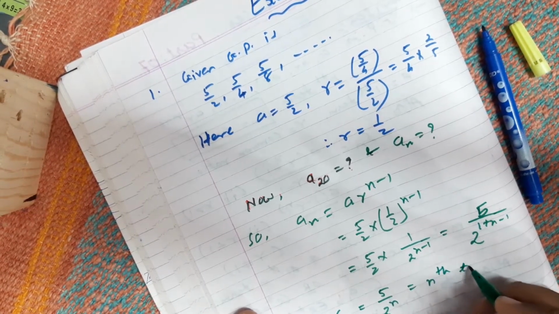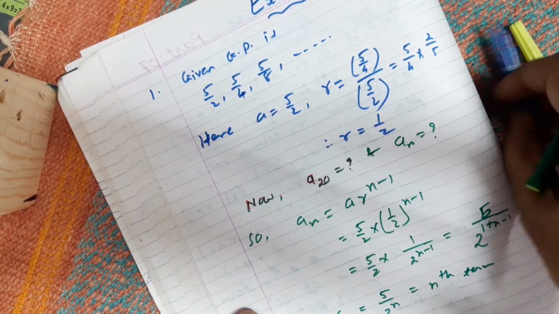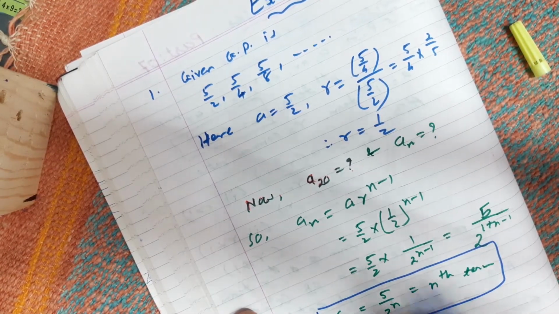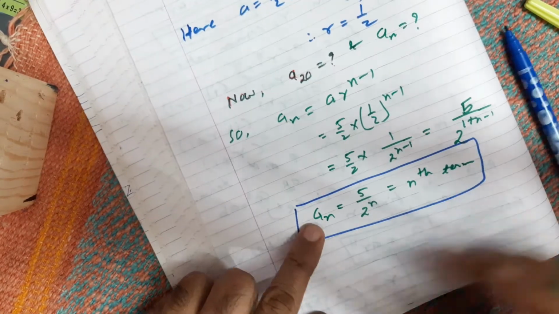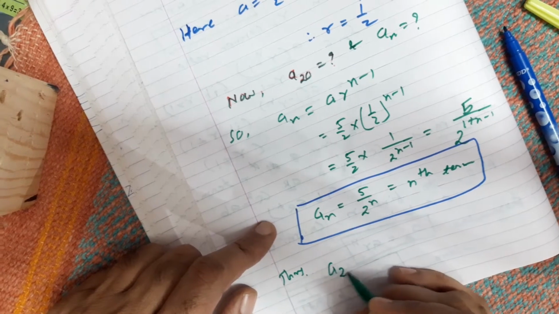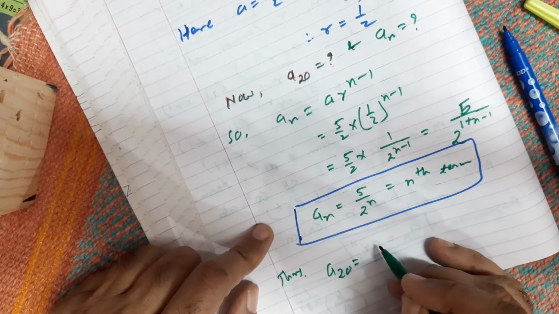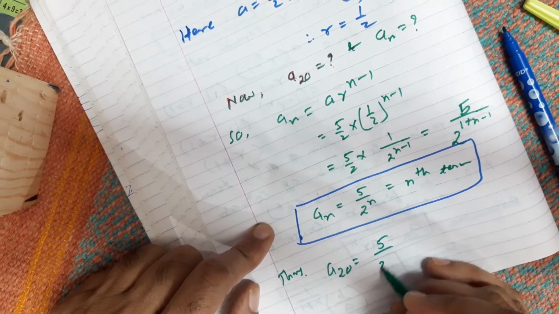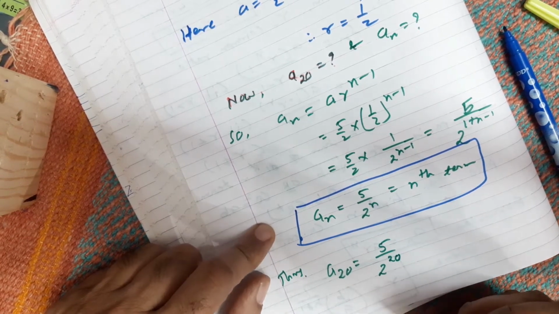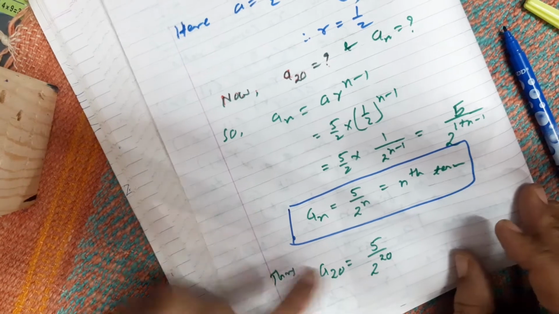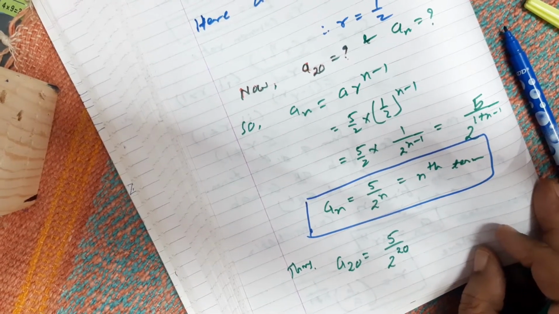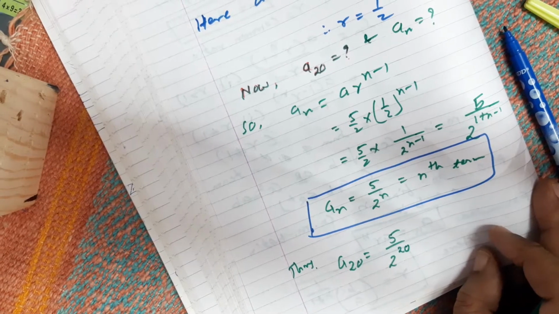So one question's answer we have got. Now we have to find out the 20th term, so here we just put 20. So what will be A20? A20 will be 5 upon 2 raised to 20. Now dear friends, 2 raised to 20 is quite a large number, because 2 raised to 10 is 1024.